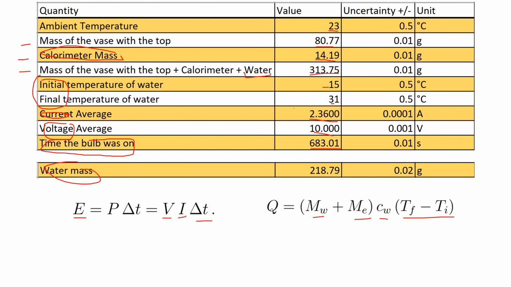The ambient temperature was taken into account because there can be some error if you make the difference in temperature not equal. For example, as you can see here, from 15 degrees to 20 degrees, which is the ambient temperature, is just 8 degrees of difference, and from 23 to 31 is just 8 degrees as well. This was made on purpose because any heat gained or lost to the ambient, because it's at a different temperature, can be somewhat cancelled.